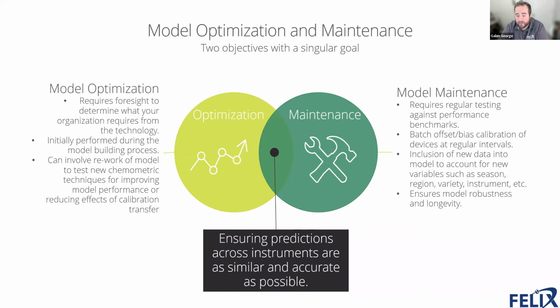Initially you're going to want to think about this before you even start building the model. But once that initial model's built, you need to come back to this optimization thought pattern and think, okay, if this is something we want to implement, what do we need to do to ensure it's going to work across the board for all of the new instruments we want to deploy.